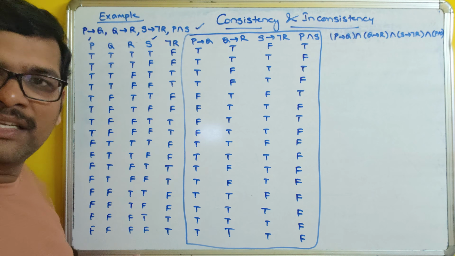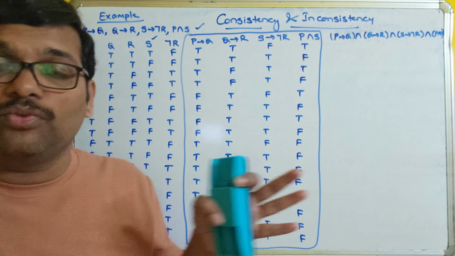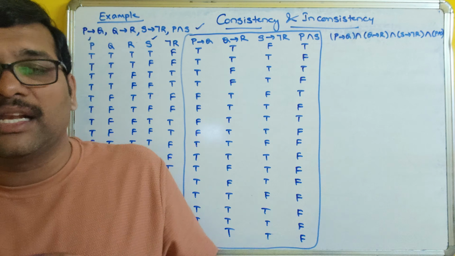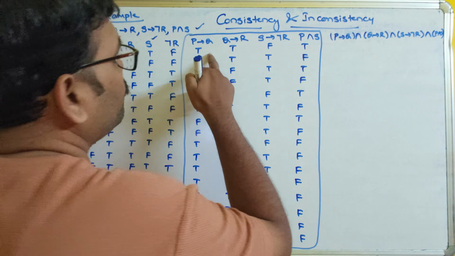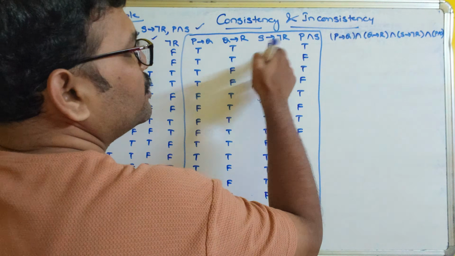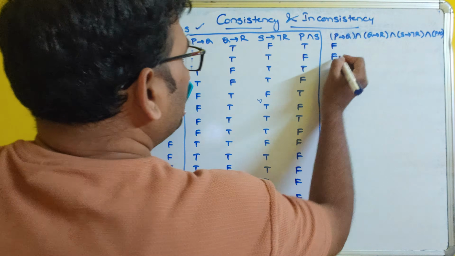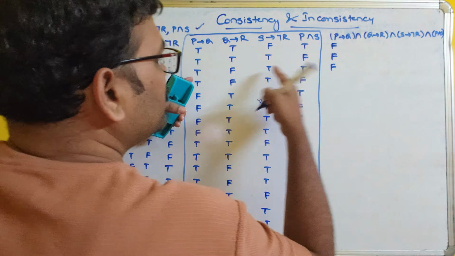So we know that for a conjunction, all the truth values should be true, then only it will be true. If any one of the truth values is false, the result will be false. You can check with the first one: true, true, false, true. Here one is false, so obviously the first one is false. The second one is also false, and here also we have one false, so obviously false.